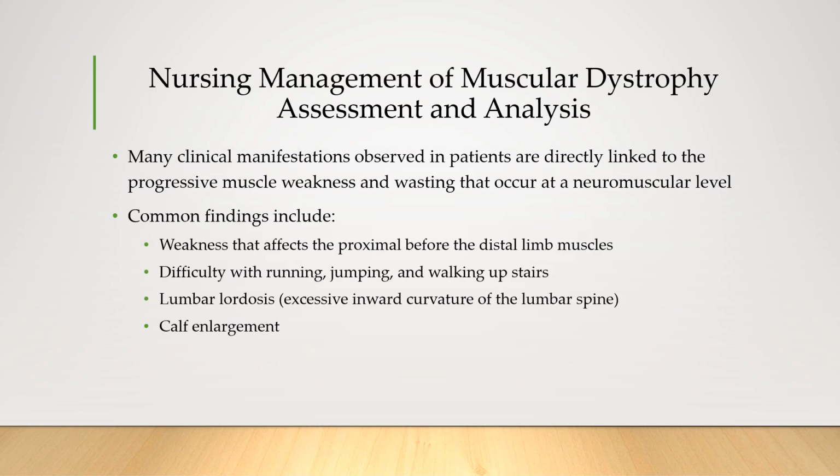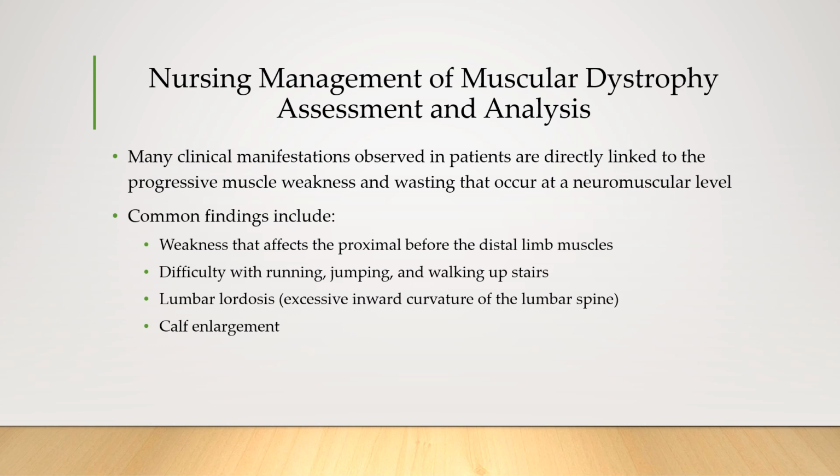So nursing management assessment and analysis. Many clinical manifestations observed in patients are directly linked to the progressive muscle weakness and wasting that occur at the neuromuscular level. So some common findings will include weakness that will affect the proximal before the distal limb muscles, difficulty with running, jumping, and then walking upstairs. Lumbar lordosis.